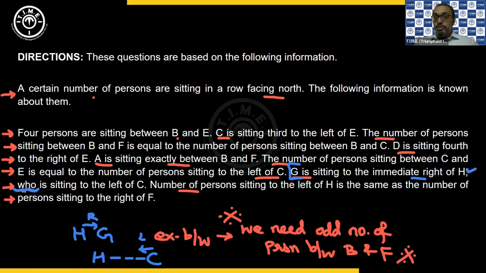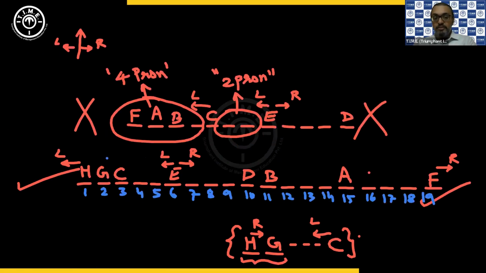So it could be some positions, it could be immediate position also. But according to the given information, we know it cannot be immediate position. So that is how this has to be understood. H, G, and C. And that is how we fix this. H, G, and C. Okay, I hope it is understood.